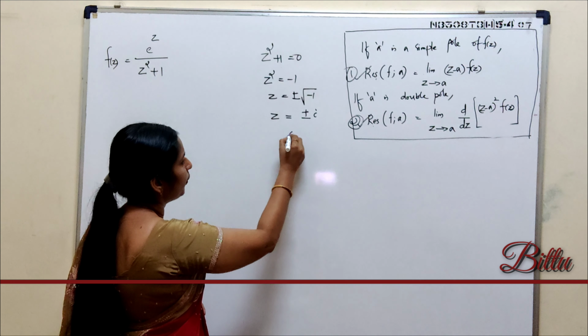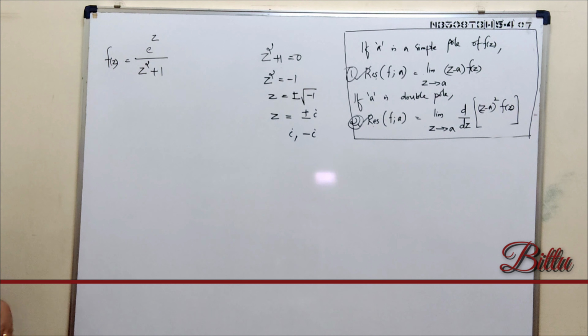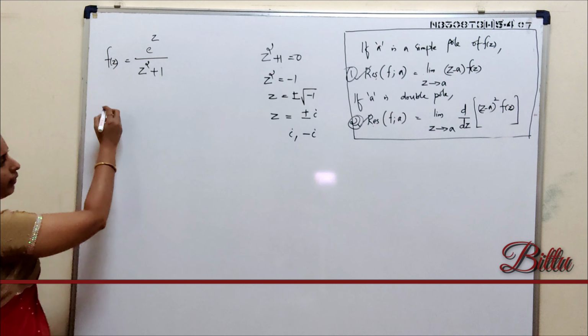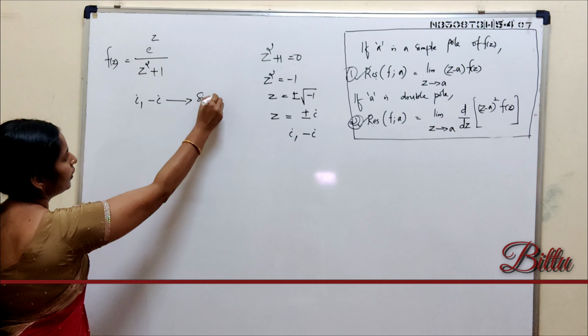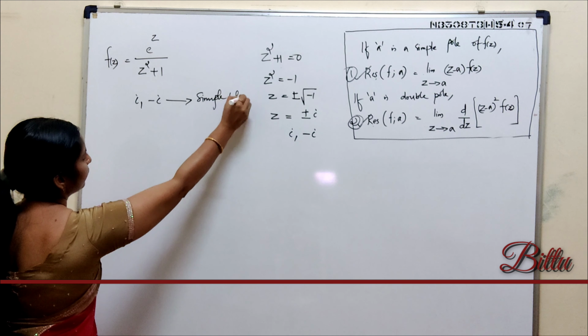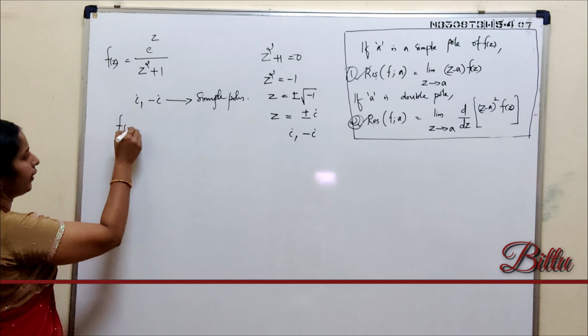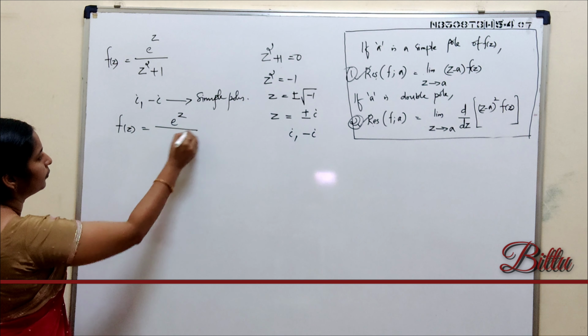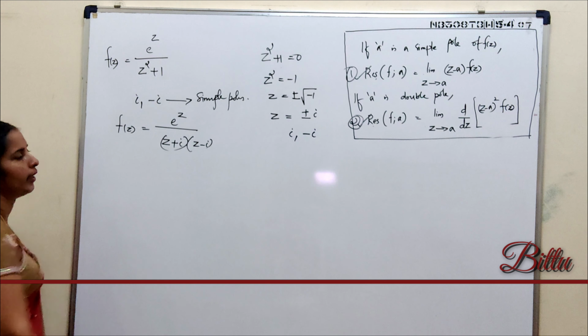So the poles are i and minus i. Clearly, poles of the given function are i and minus i. Both are simple poles. Now, f z can be written as z plus i into z minus i.